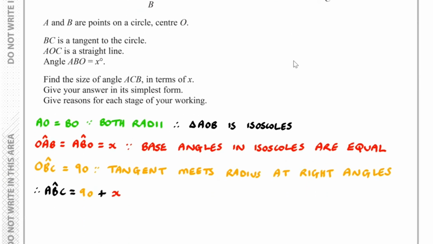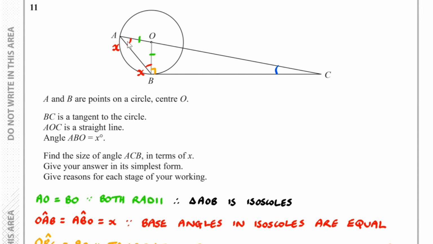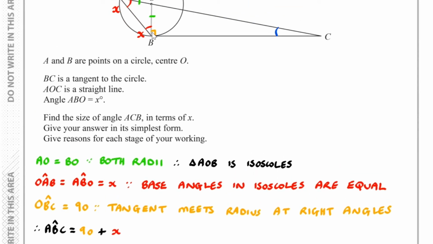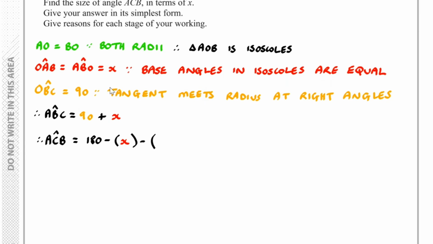So the angle ACB is equal to 180 subtract the x from here, subtract the x plus 90, which is what we just found here, and it turns out we get 90 minus 2x.